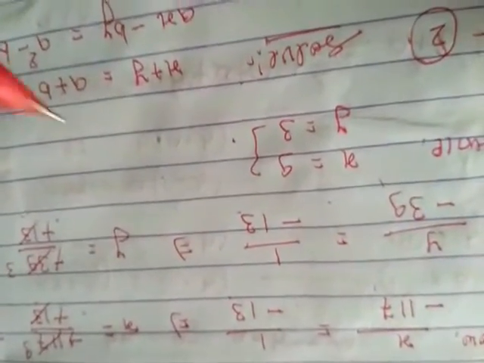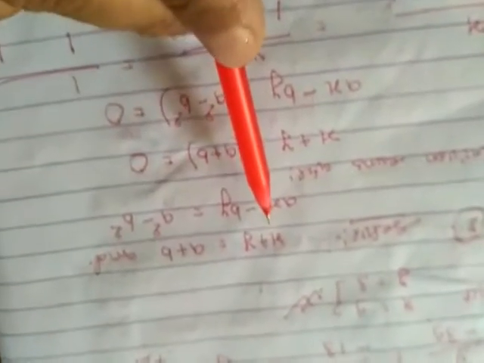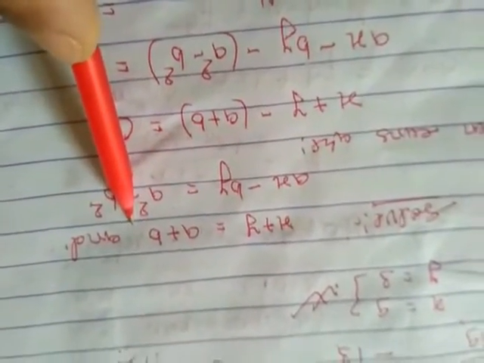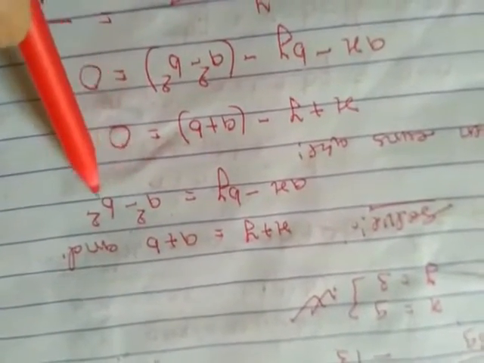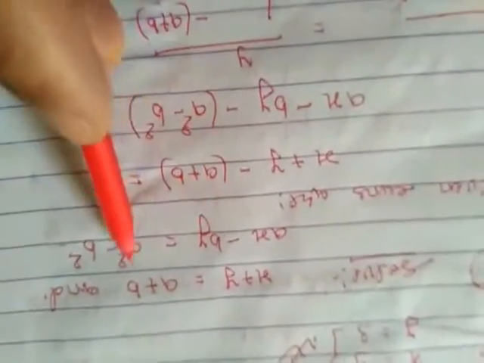Let us take another example based on the cross multiplication method. The equations are x plus y equals a plus b, and ax minus by equals a square minus b square. As you observe, in these equations there are no zeros on the RHS.